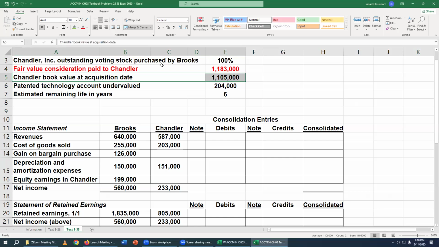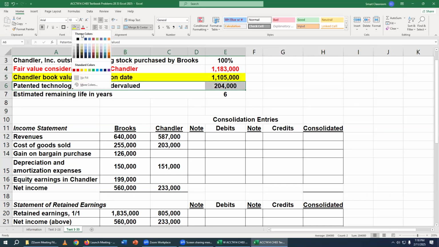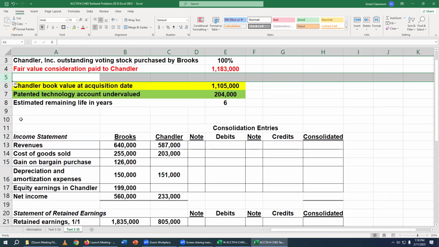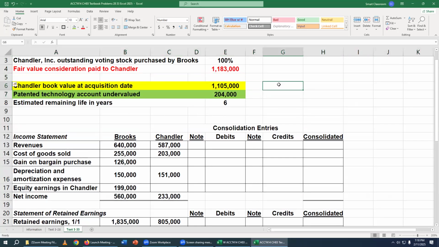Patented, or as the British would say, patented. Was that. Okay, I'm going to move this over here.